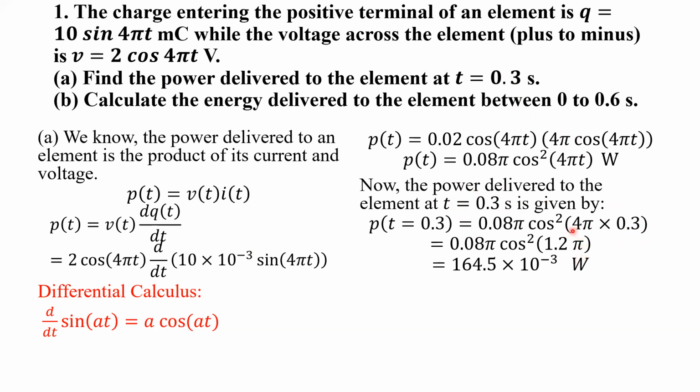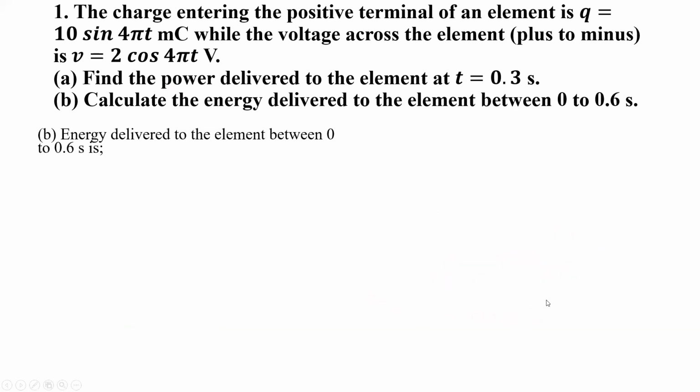We have to be very cautious here: while computing the value of cos, we have to put our calculator in radian mode, because this pi is in radians. Finally, since 10 to the power minus 3 is milli, the power delivered to the element at time 0.3 second is 164.5 milliwatts.